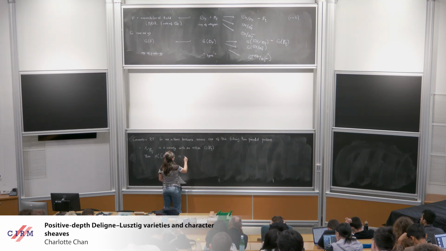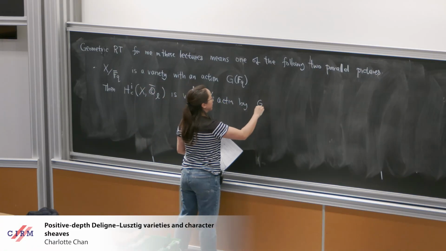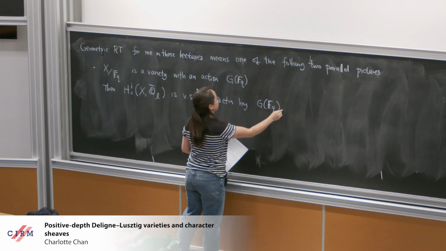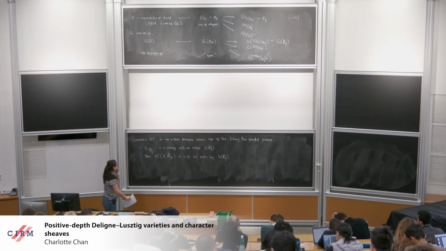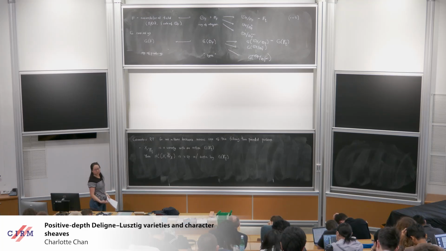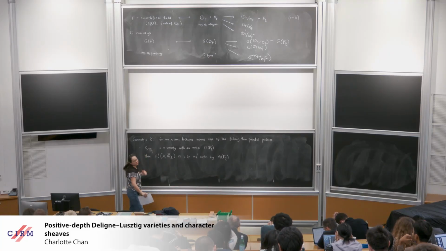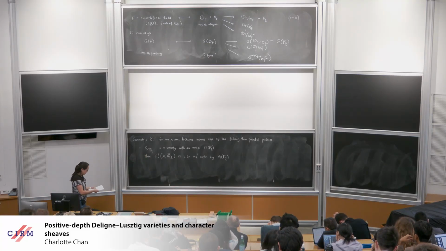This thing is a vector space with an action by G of FQ because of functoriality of cohomology. And so this is one way in which a representation of G of FQ can arise geometrically. It arises by appearing inside the cohomology of some variety that I gave you.